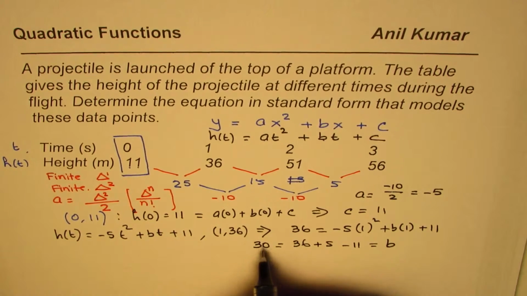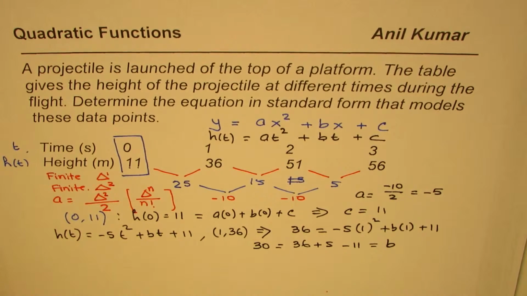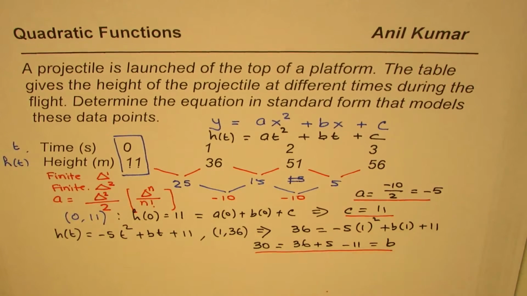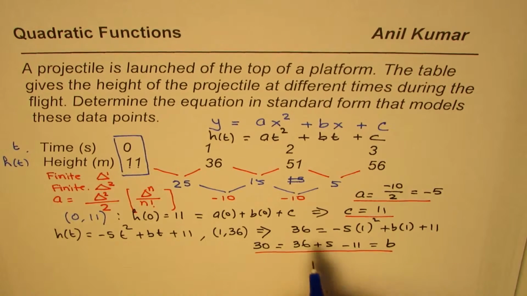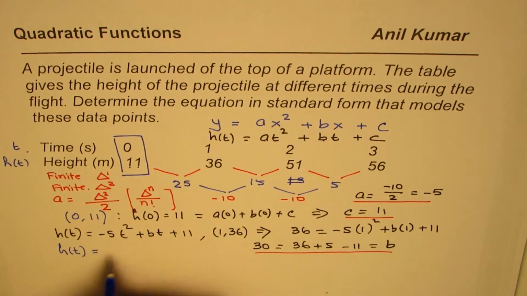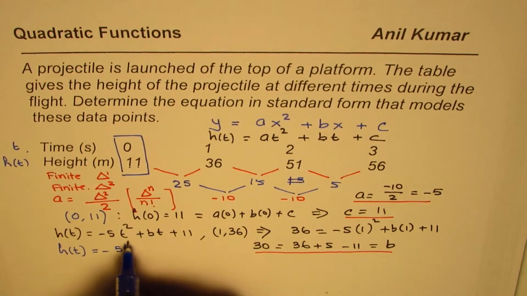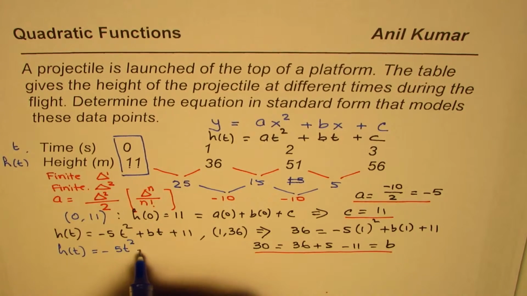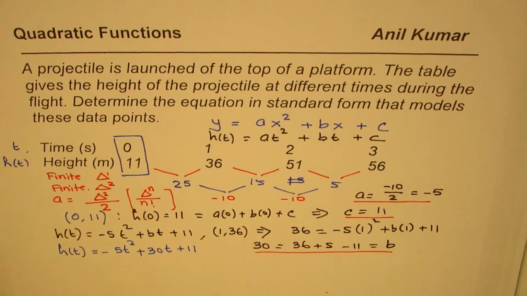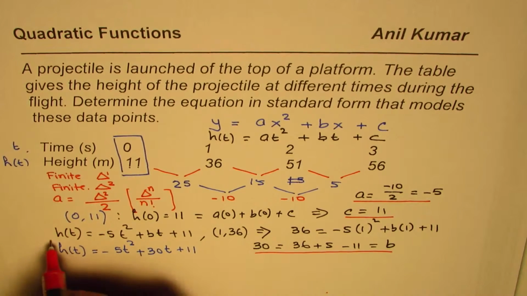So we have 30 as the value of b. We already have c and a. So now we can write our equation: h of t equals minus 5t squared plus 30t plus 11. So that is the answer.